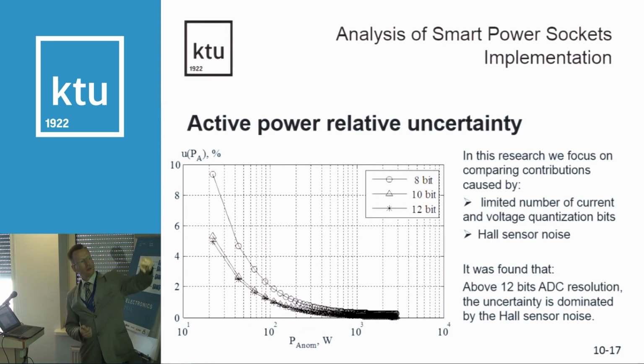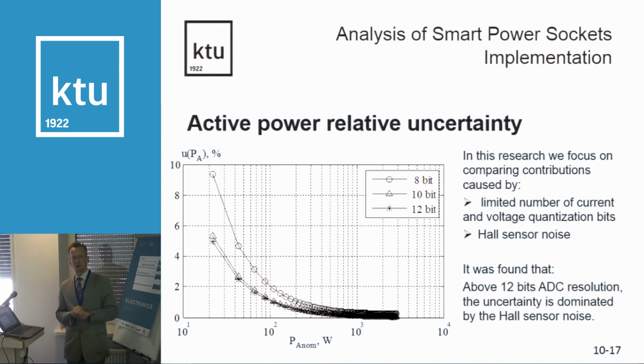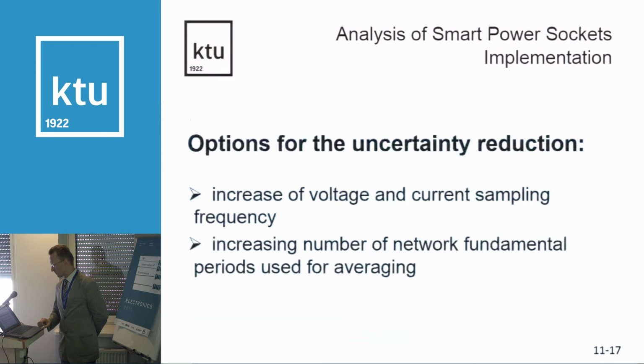From 8 to 10, the reduction of error over the whole scale of measured powers is obvious, but from 10 to 12 the improvement is much less than theory says it should be. That means that from this point Hall sensor noise dominates, so there is no reason to go for higher resolution.